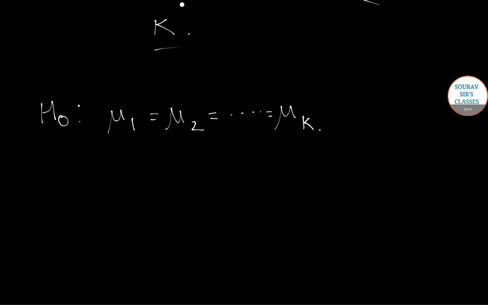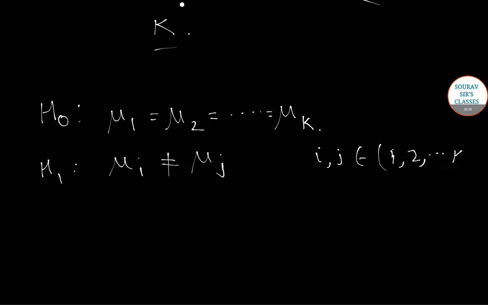This null hypothesis is tested against the alternative hypothesis, that is, there exists at least one pair of means which are significantly different from each other, where i and j belong to 1, 2 and so on till k, and i is not equal to j.